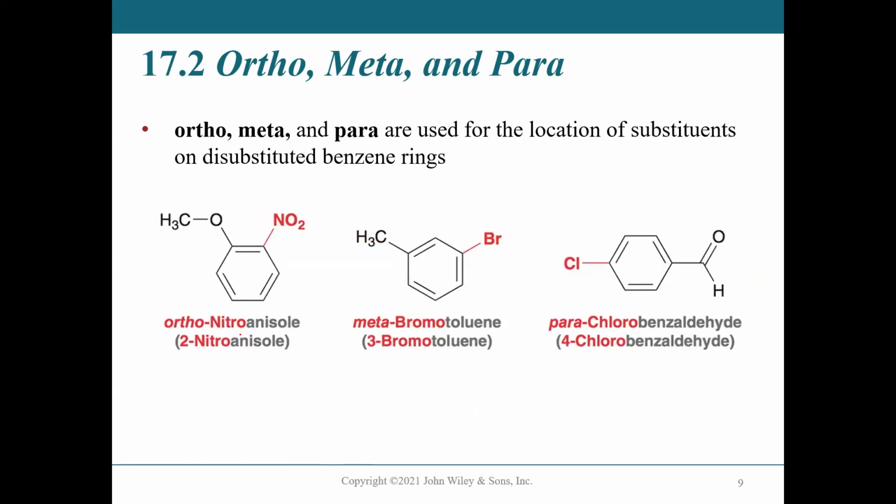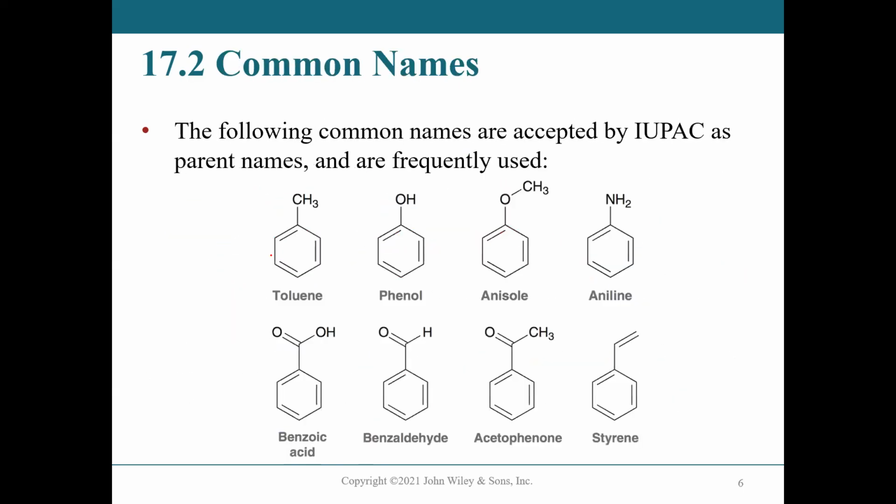So here we have ortho-nitroanisole, meta-bromotoluene, and para-chlorobenzaldehyde. So we already have a common name for this, right? Nitroanisole, but then ortho to it, I guess if we go back, I better go back myself.